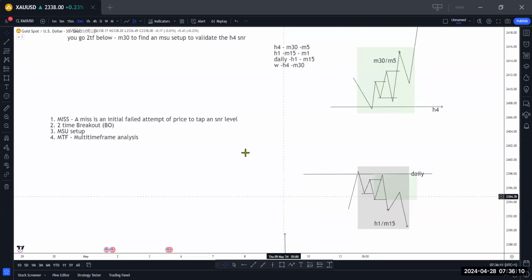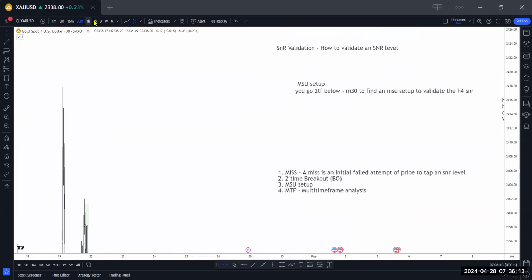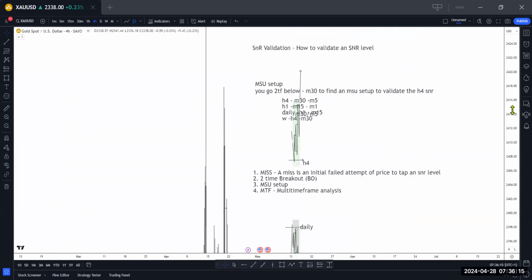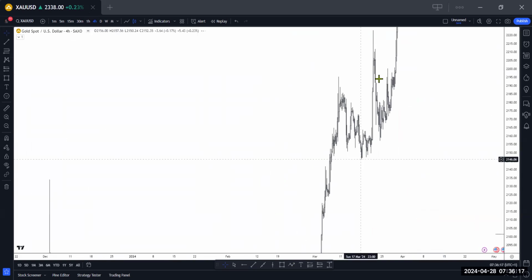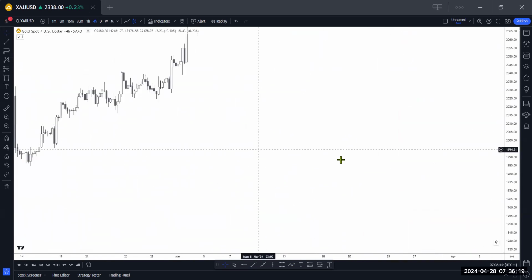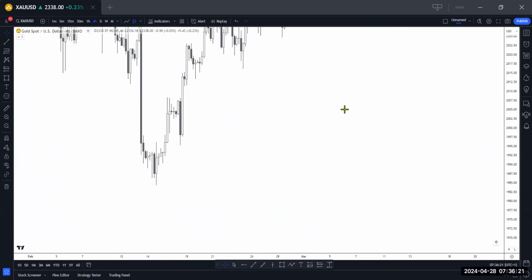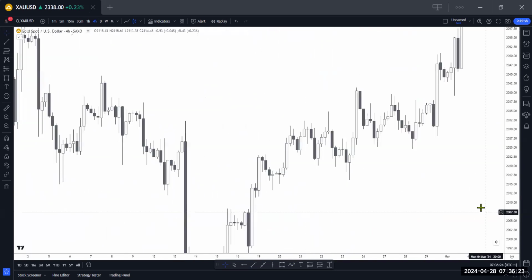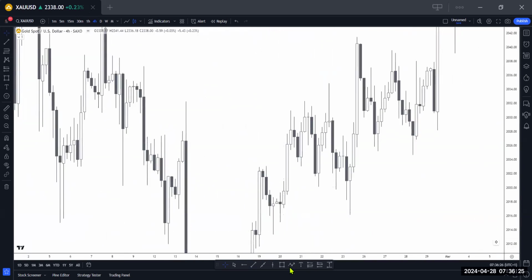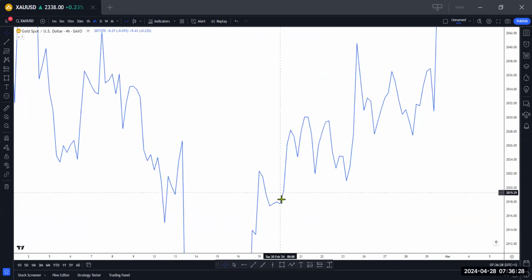Let's see an example. H4 level, H4 level. Let's take this as an example. This SNR level, okay?